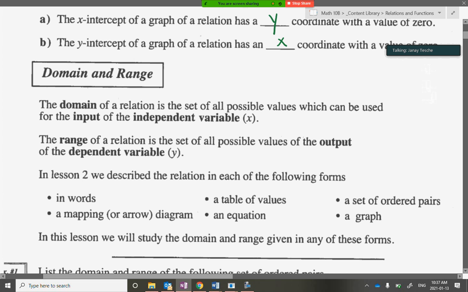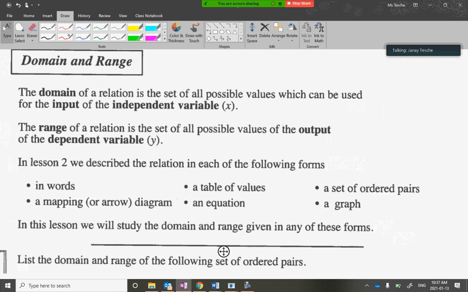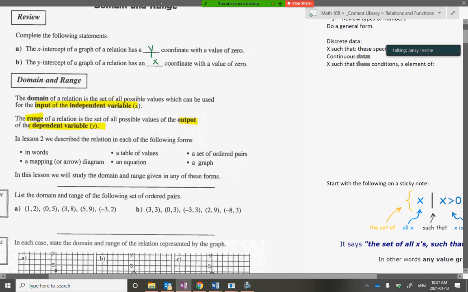So domain and range. We started talking about these yesterday. So our domain is all the values of our input, or all the values of x. Our range is all our values of our output, or our y. So we're going to do a quick little itty bitty sketch just to the side here.